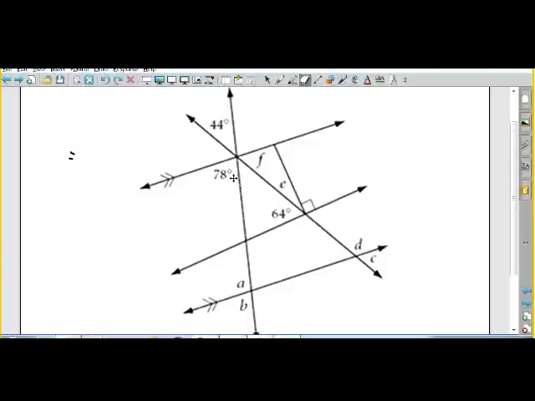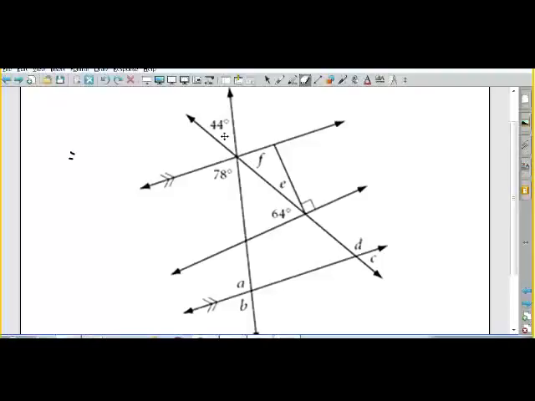Oh, F. Okay, so what is F equal to? Oh, this one over here. Oh, I see what you're doing.